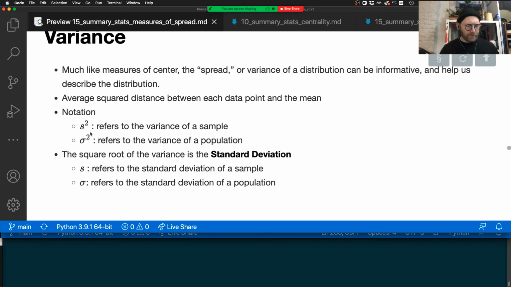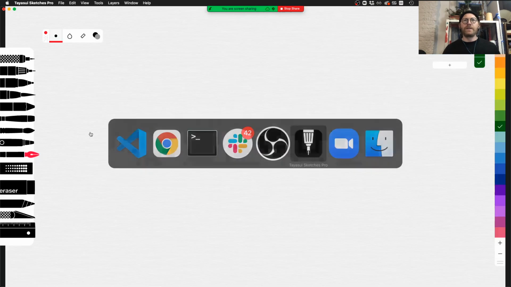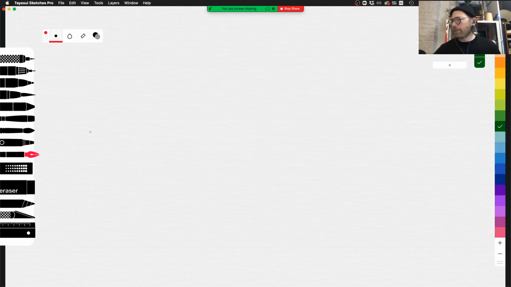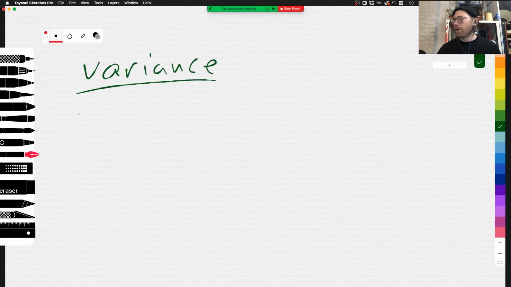Here we're going to talk again about sample versus population. And when we're thinking about a sample for variance, we're going to call that S squared, okay?